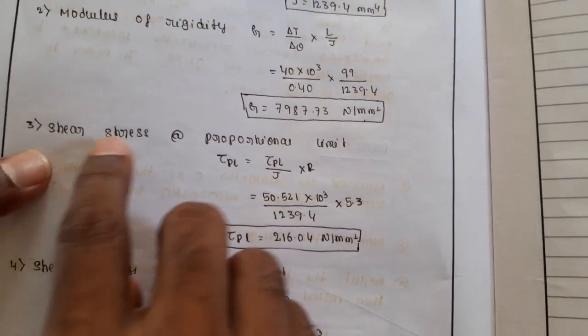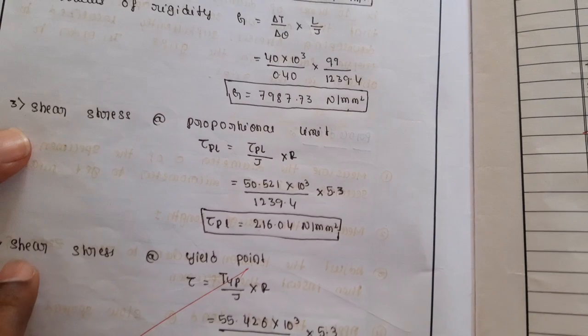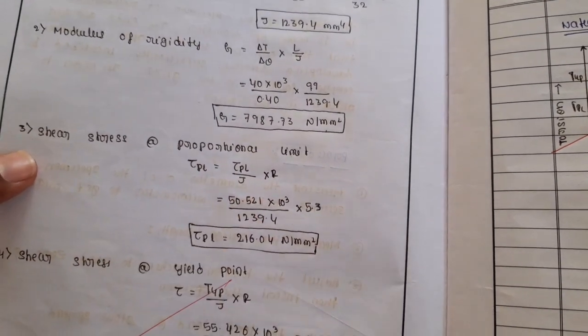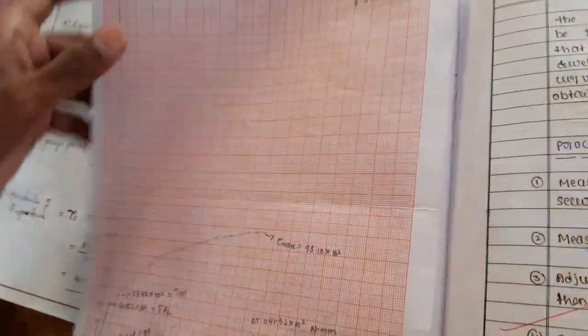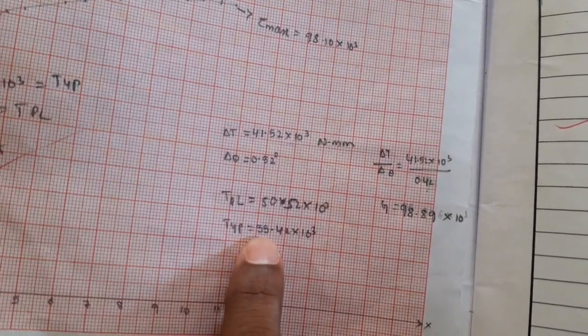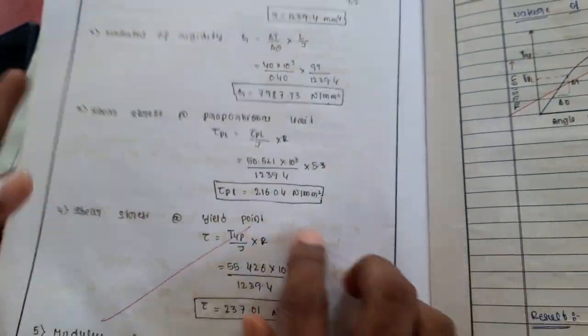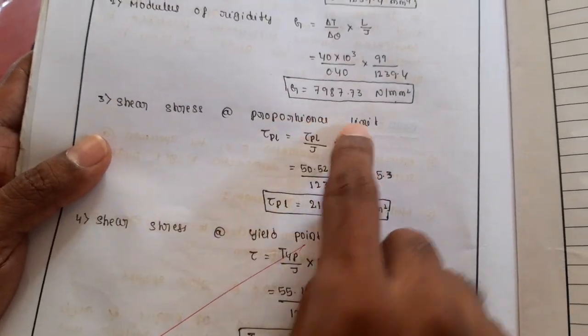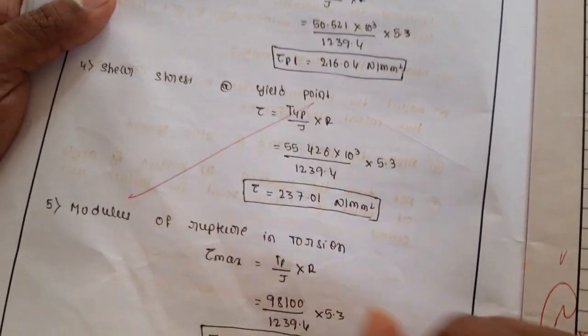Similarly, we have to find the shear stress at the proportionality limit and the shear stress at the yield point. The proportionality limit is 50 here, and the yield point is 55. We substitute the same values here, and we get the shear stress at the proportionality limit and the shear stress at the yield point.